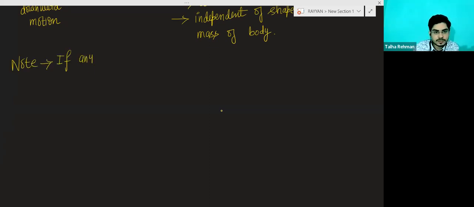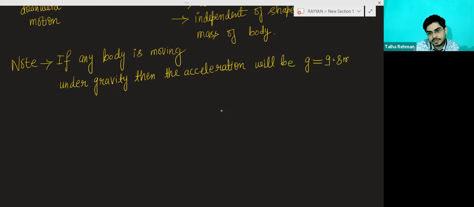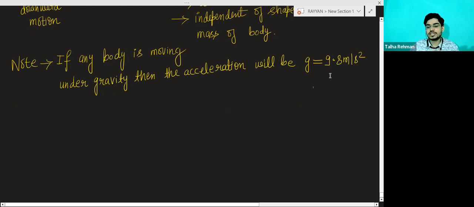If anybody is moving under gravity, then the acceleration will be g is equal to 9.8 meter per second square, and this g is known as the acceleration due to gravity.